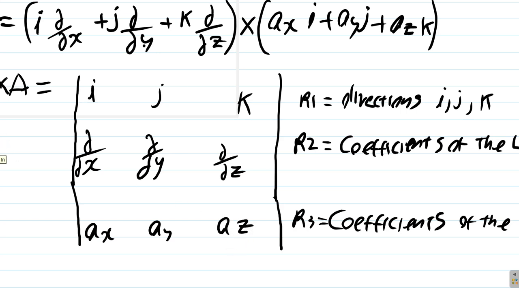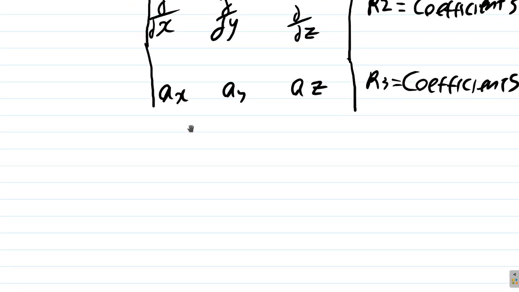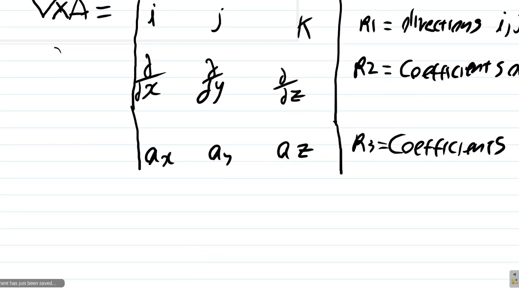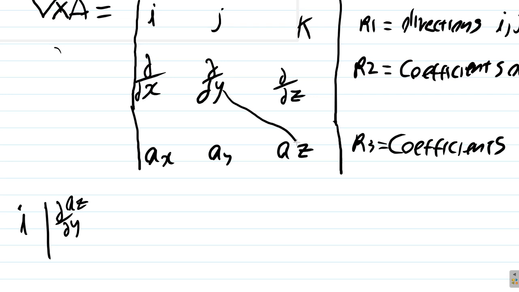Now, if you don't remember how to find the determinant of a 3 by 3 matrix, you'll have to look that up. But let's just get that part out of the way. It's going to be i times the determinant of partial with respect to y, by Az. So remember your AD minus BC with a 2 by 2 matrix.